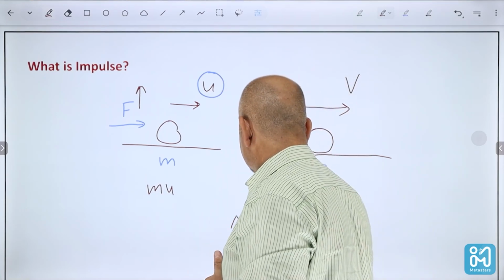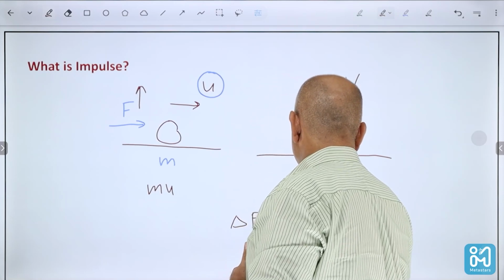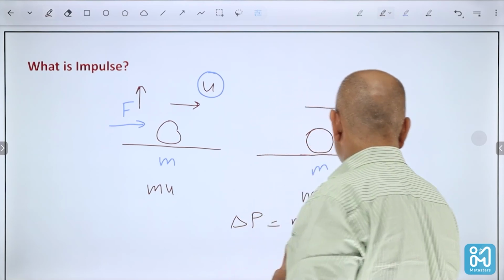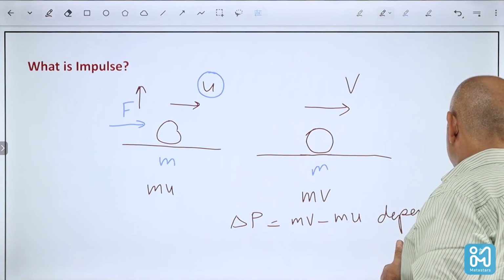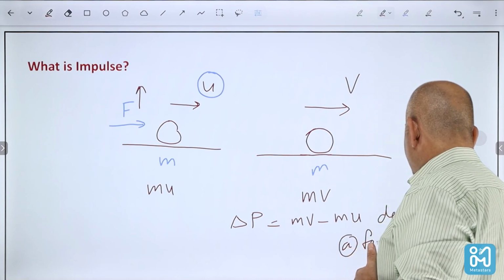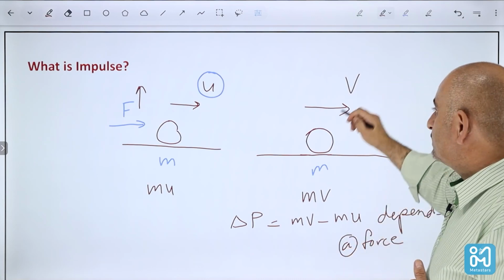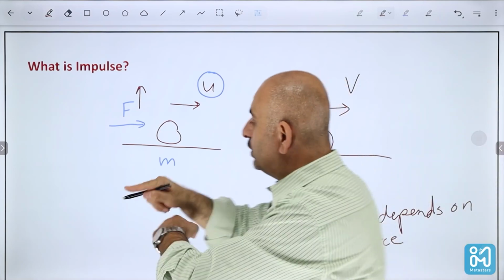Because the change in momentum, which equals mv minus mu, depends on two things. Number one, it depends on the force that has caused the acceleration, increasing the speed from U to V. And also, it depends on the time duration of the force.